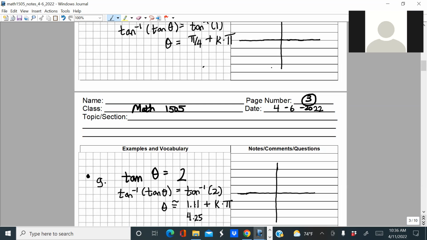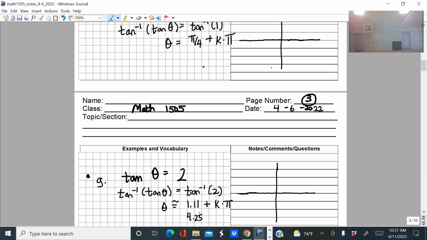Do you need 2 solutions for this problem? Just one, since it is tangent. No, you only need this one solution. That's all. And then just add on a multiple of pi. I was just wondering, what is 1.11 plus 1 times pi? Because that's supposed to be another solution, right? That's about 4.25.